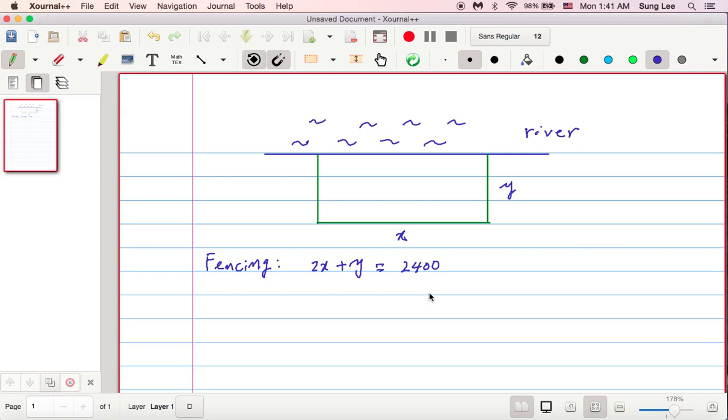In order to apply the first or the second derivative test, we have to have a function of one variable. Although we have two variables, due to the constraint, those two variables have a functional relationship. So one variable can be solved in terms of the other, just like this case. So we can actually solve this for y.